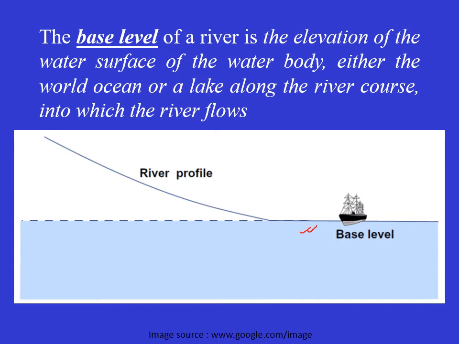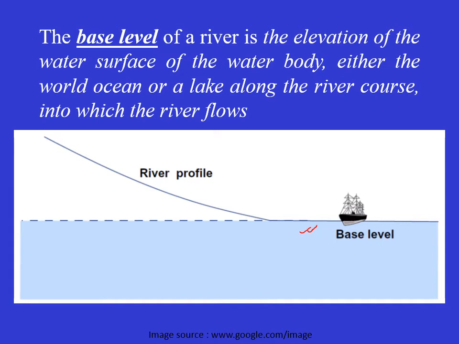So for those rivers, what will be the base level? For those rivers which do not meet with the sea, instead they meet with an intercontinental, land within land, large lake body, that is also a large body of water.